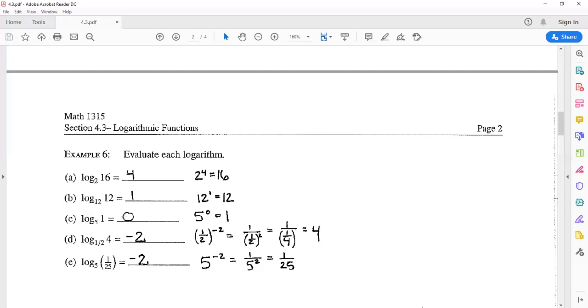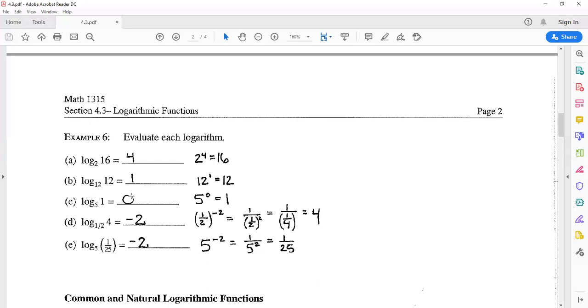Okay, and these last two are pretty tricky, so buckle your seatbelts here. They say log base 1/2 of 4, sorry, equals, I don't know. Well, ask yourself, 1/2 to the what equals 4? Well, I'm giving you the answer right here, that's fine, but let's think about why -2 is the answer.